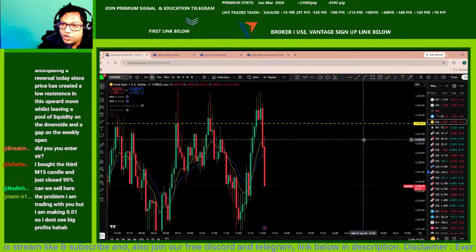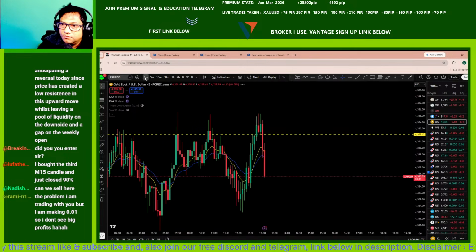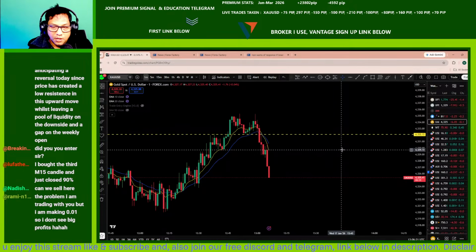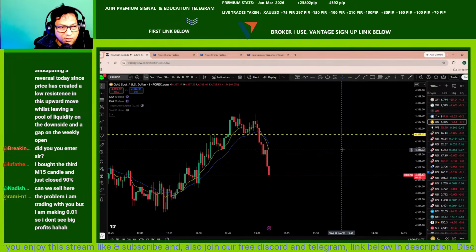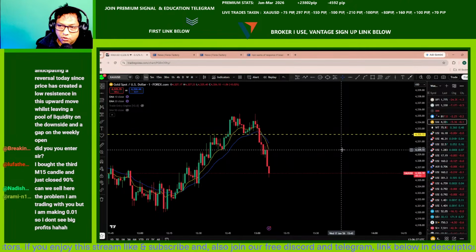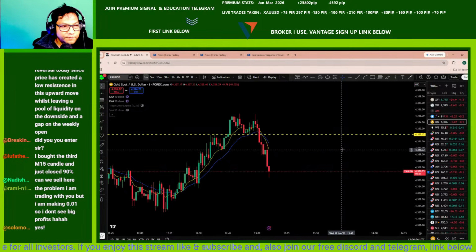Does anyone here else trade 0.01 lot in a live account? In a demo account you can trade 10 lot, no problem, 20 lot, 30 lot, as long as it takes the order. But in a live account, do you trade 0.01 lot? Anyone else? Okay, yes, anyone?